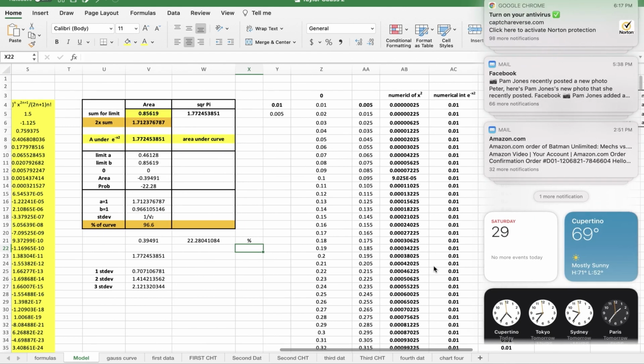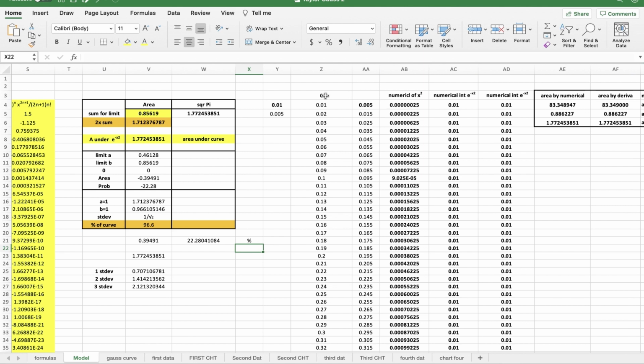This table over here is an integral, and you can use numerical methods of integration. Here I used rectangular approximations where I divide up the curve.